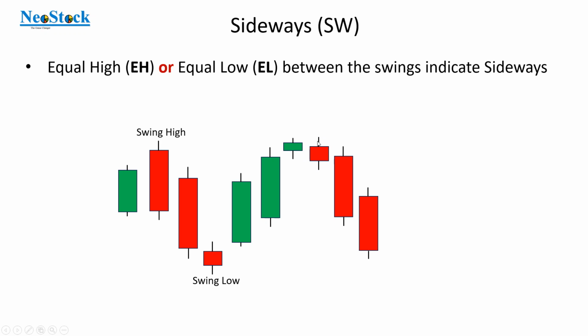Why this minor difference? Because of volatility on this day or on this candle's day, which might have given some extra push or might not have given that extra push. Either way it happens. Due to that you see a minor change between this swing high and this swing high. Because of that minor difference, we cannot change the trend.